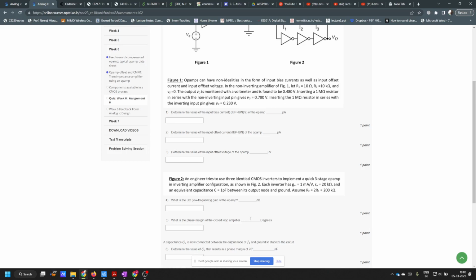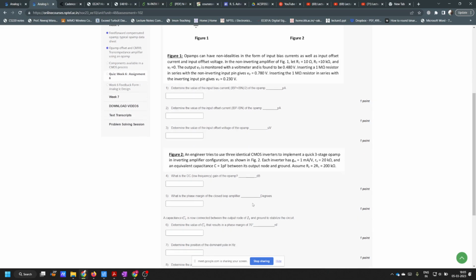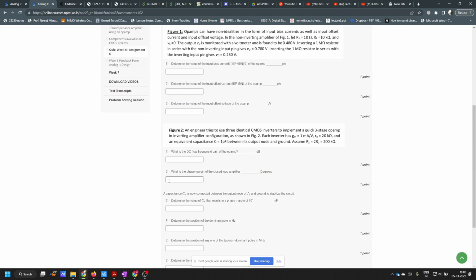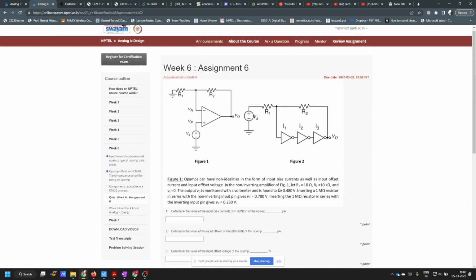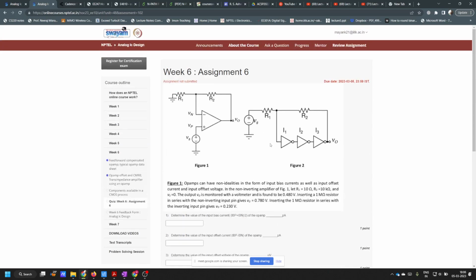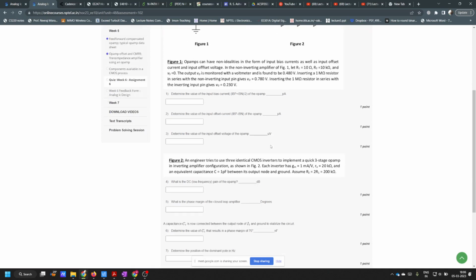There are three poles. Whatever you are required to do, you will have to do. What is the phase margin of the closed loop amplifier? When you put it in closed loop, what is the phase margin? For that, you will have to find out the location of all the three poles.